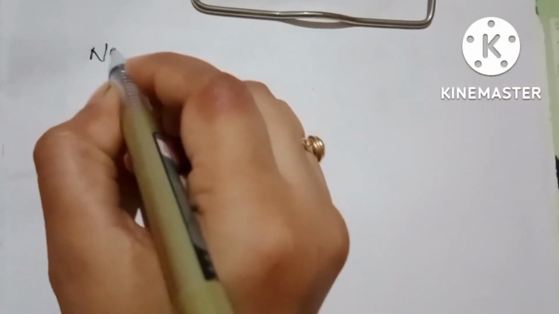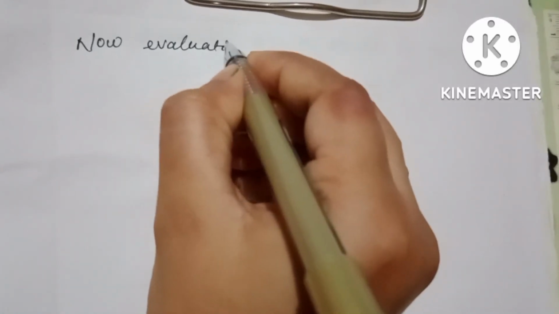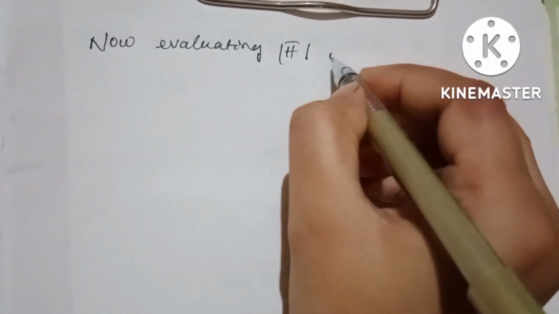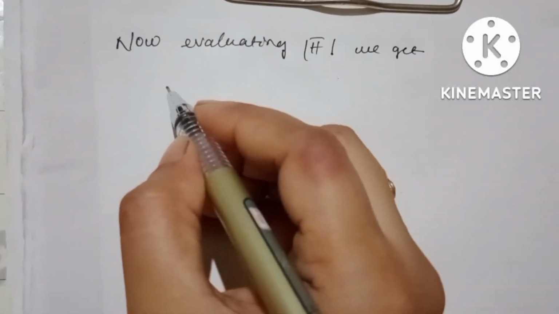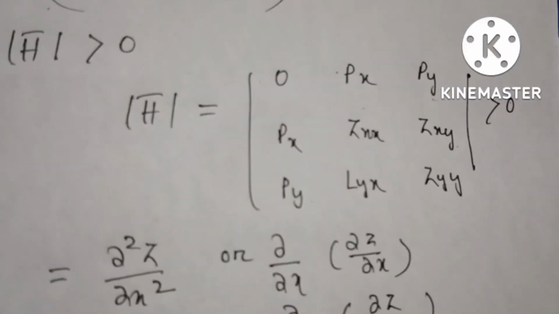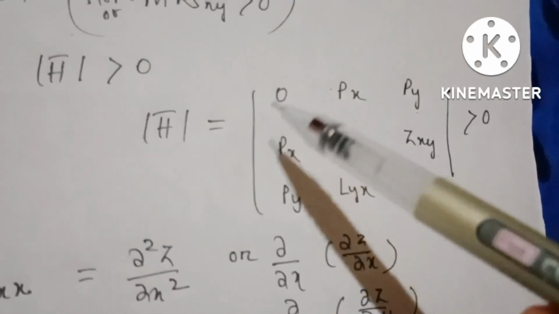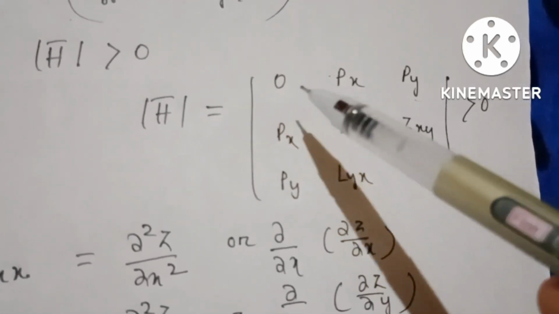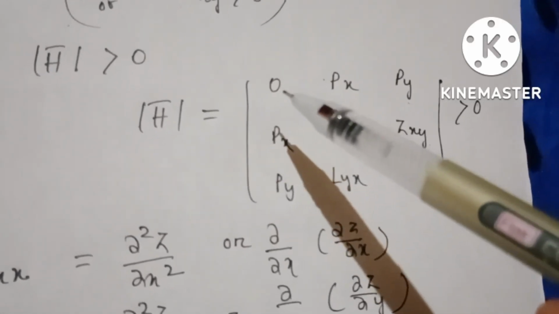Now evaluating the Hessian determinant, how can we expand the determinant? By expanding along the first row, this is 0, and something multiplied by 0 is 0.